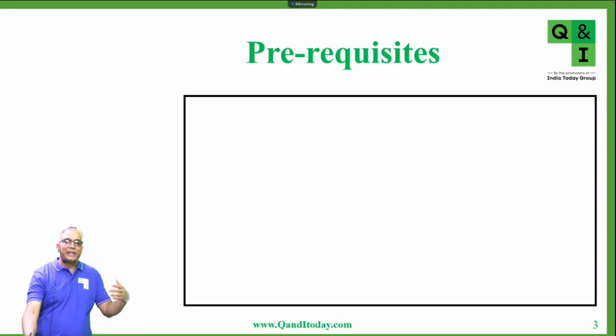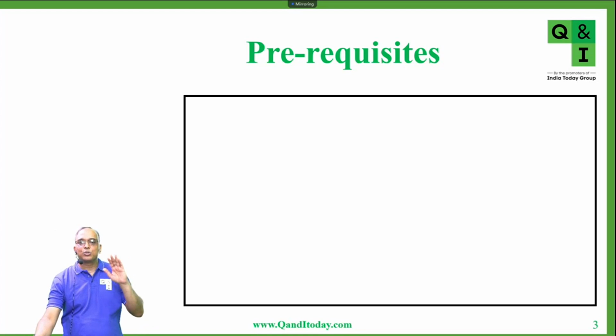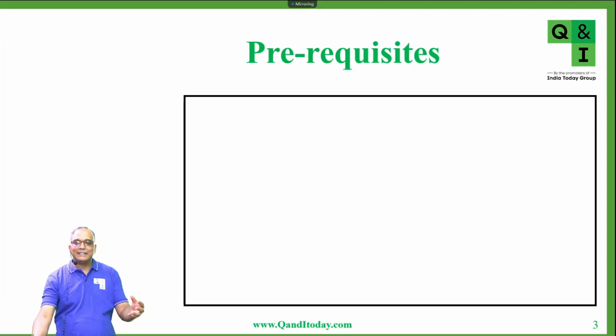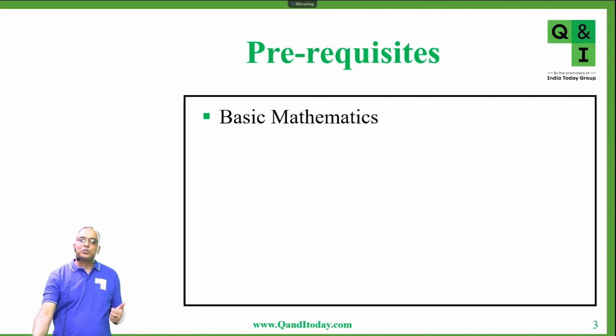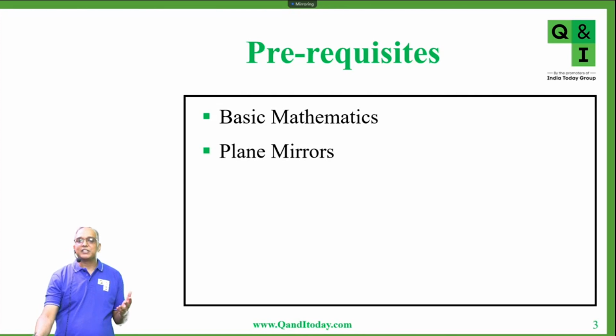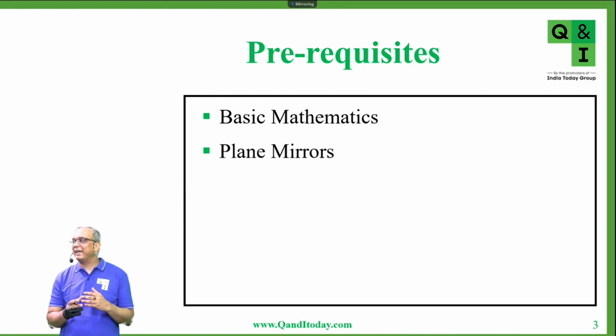So what are the prerequisites? Prerequisites as in what are the concepts which you should know before attending this class so that you understand the concepts well. First, you should have basic understanding of mathematics. Second, plane mirrors. You would have studied plane mirrors in class 7th and 8th grade as well, right?